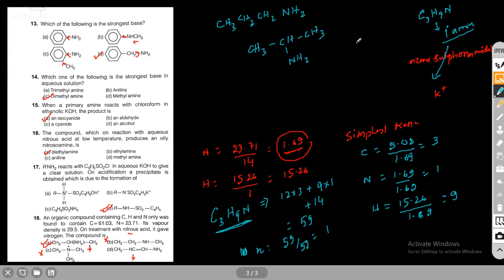For C3H9N, the DOU is 3 plus 1 minus (H plus X minus N) by 2, so 10 minus 9 plus 1, which is 4 by 2... DOU is 0. Since DOU is 0, the other option is not possible, because for that option the DOU value is 1.